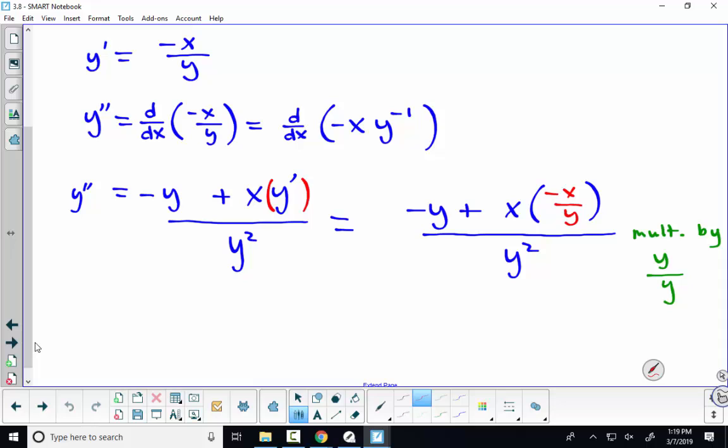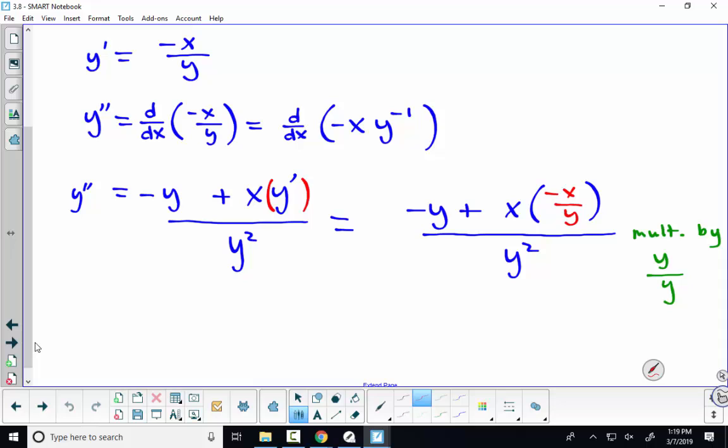It's kind of akin to solving for y, but you still have y's on the other side too. So we found the second derivative of negative x over y using the quotient rule. Here we could use a product and a chain rule for negative x times y to the negative 1, but we used the quotient rule, and we came up with the y prime.